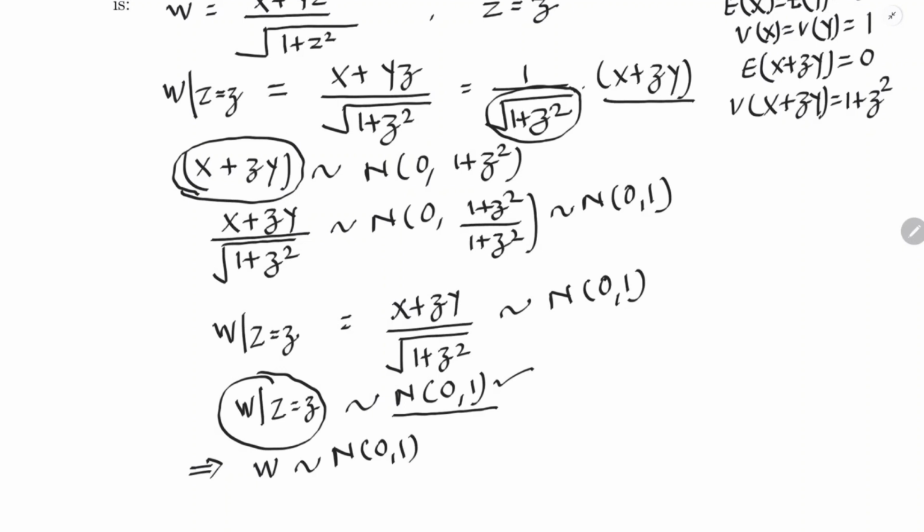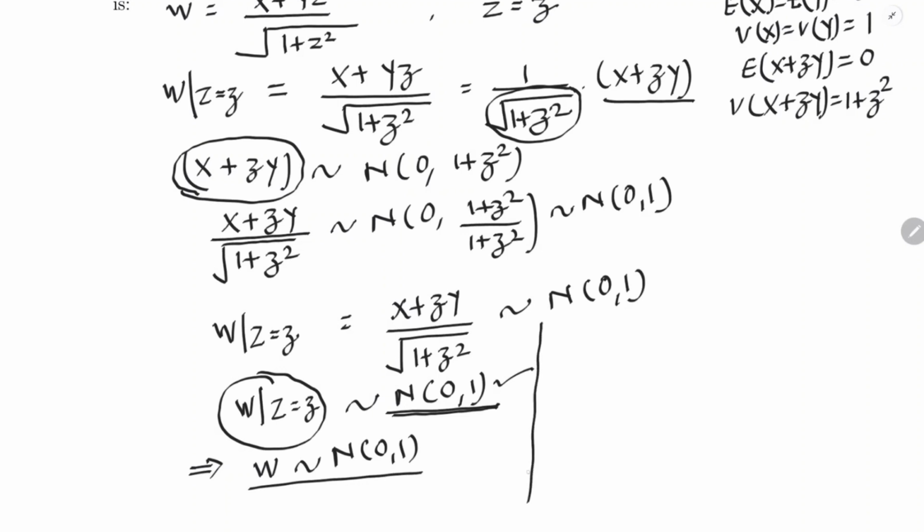We can prove this using the conditional, joint and marginal distributions also, but for now, in this video, we will not go into that. We will just stick to the fact that the conditional distribution of W given Z does not depend on Z, so the marginal distribution of W will follow normal 0, 1.